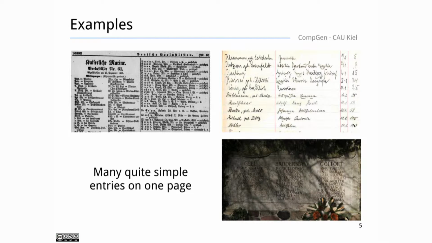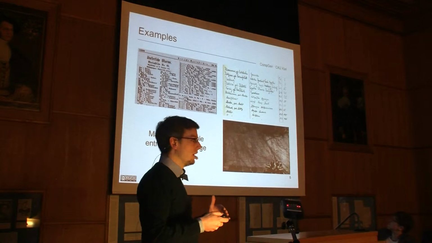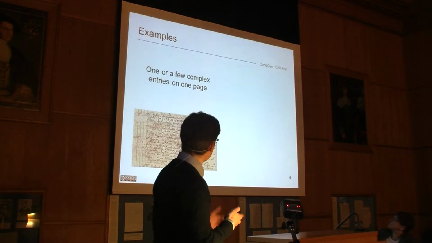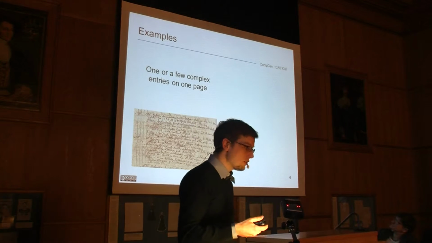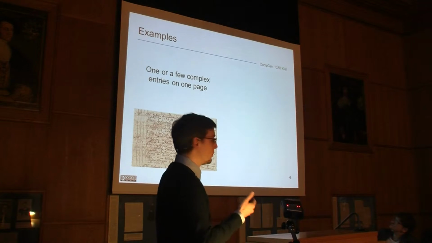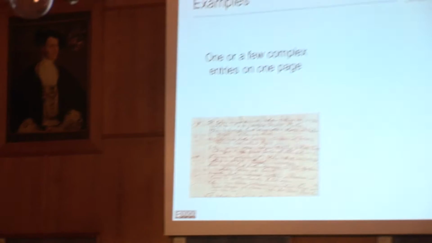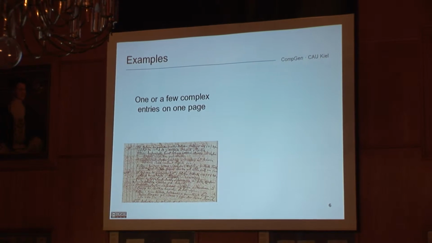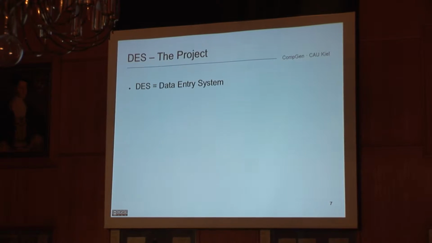They don't contain much information: a name, a given name, and some dates. So many simple entries on one page. On the other hand, we have pages with only one or a few entries, but these entries are very complex, and they contain a lot of information and a lot of cross links between this information. So we have these different categories. Our system has to be flexible enough to deal with both.